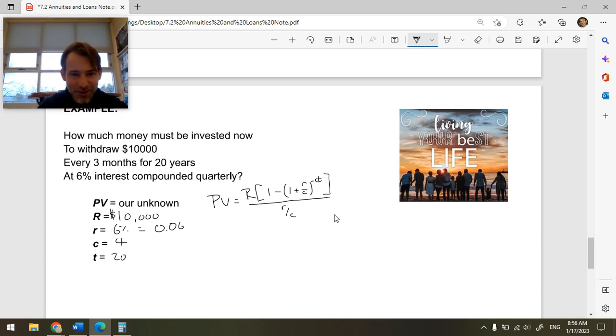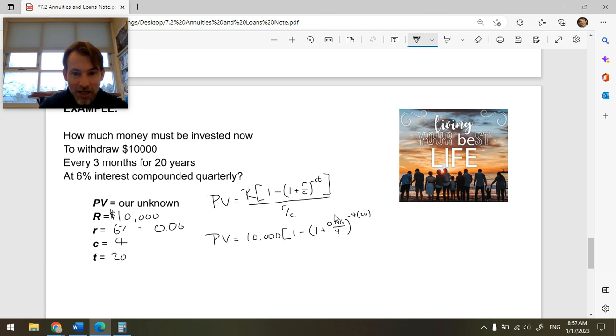Okay, so now let's plug in our knowns. So present value, the amount that we need to invest right now to withdraw 10 grand every 3 months for 20 years to support our lifestyle, is equal to 10 grand, substitute in for R, multiplied by 1 minus 1 plus R is 0.06 divided by 4, raised to the power negative, C is 4, negative 4 times 20.